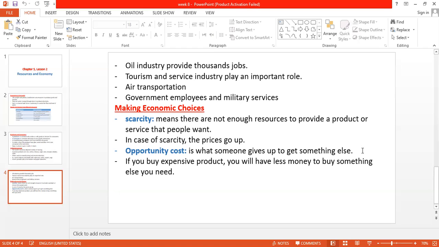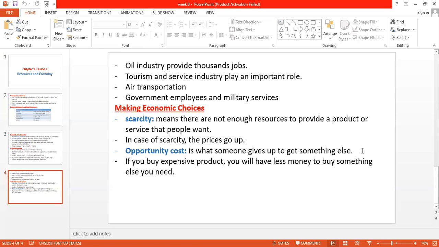What do you have to do? You have to buy only one thing. You cannot buy both. The mask is $10 and the pencil is $5 and what you have is only $10. So you have a choice to buy only the mask or to buy only the pencil.